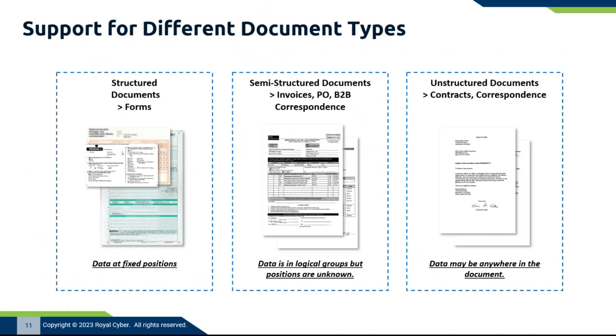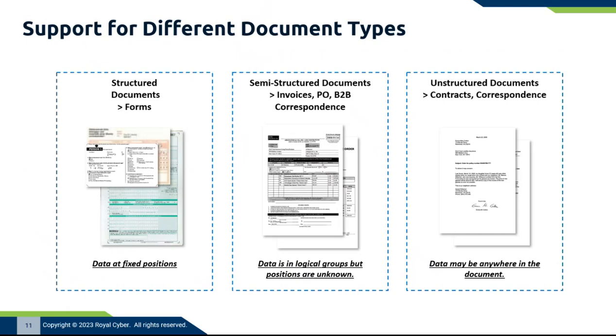Sometimes there are 15 items, so you have to increase the rows in the table, which eventually changes the position of the other fields which are available below the table, right? That is why these are called semi-structured documents, which have a structure, but it keeps changing because of the items or some other reasons.